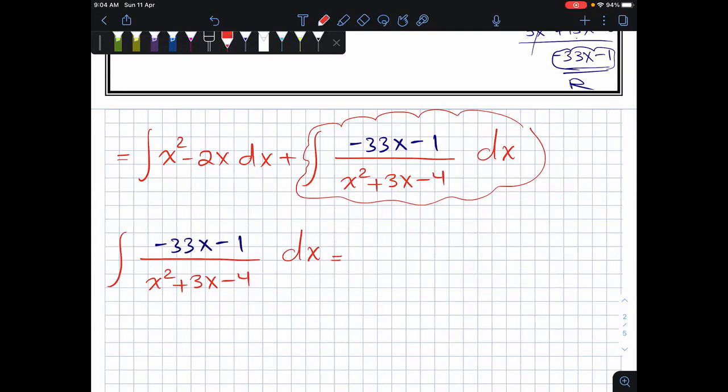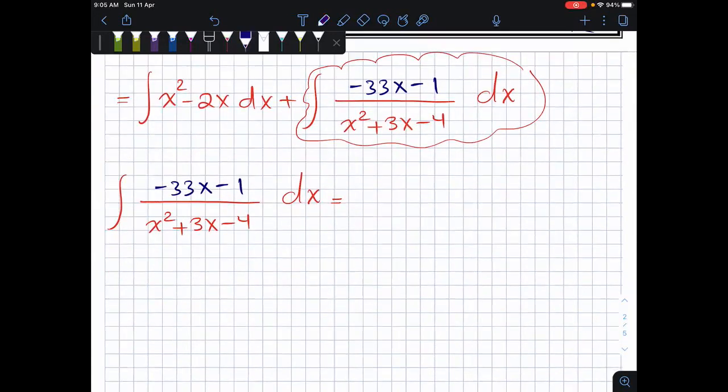It's equal to partial fraction decomposition. As Omar said, we have to factorize this first as x and x, the 4 is 4 and 1, plus and minus. Because after factorization the factors are linear, we put A over the first plus B over the second.